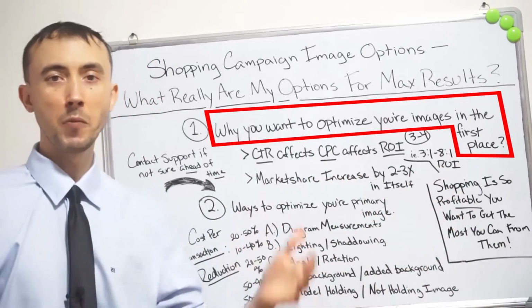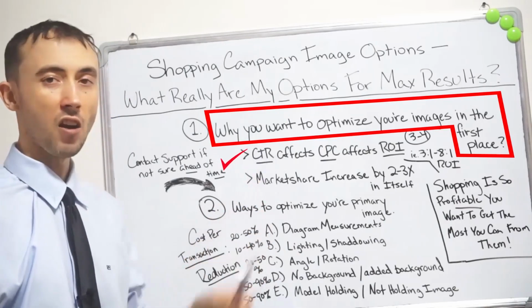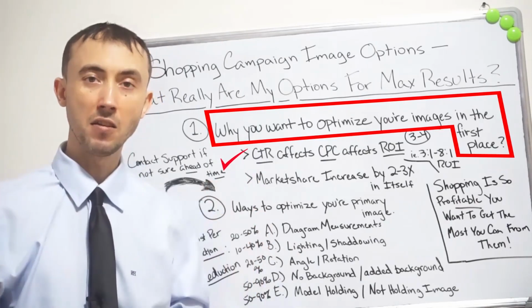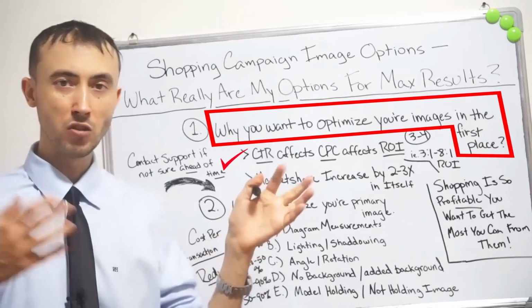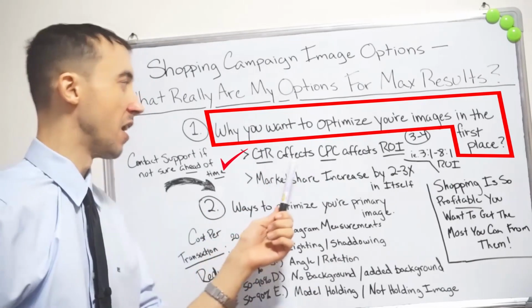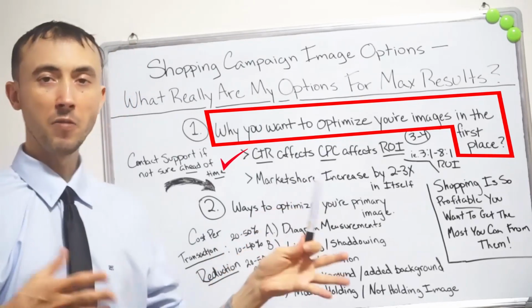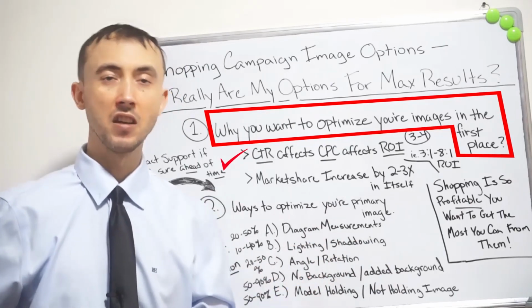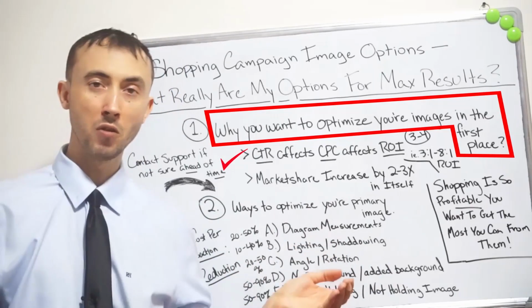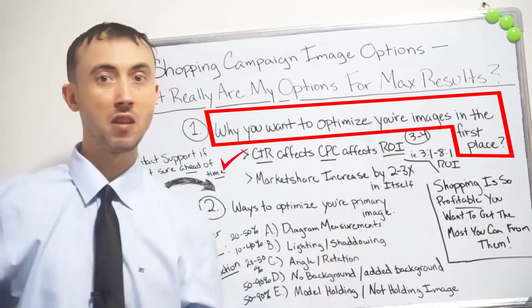The reason why you want to optimize your images mainly is because CTR, or click-through rate, on your shopping ads is directly correlated, for the scientifically minded out there, with your cost per click, or CPC, that you're paying for a click from shopping. I know you're probably saying, well, it's profitable already, so I don't care. It'll be even more profitable when you don't have to pay as much for the same exact traffic.